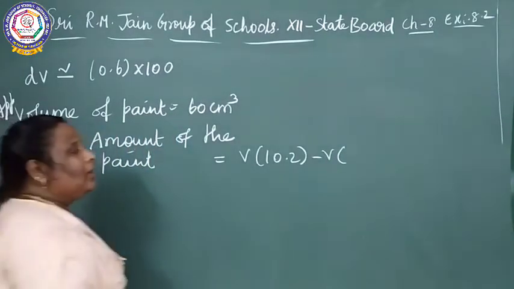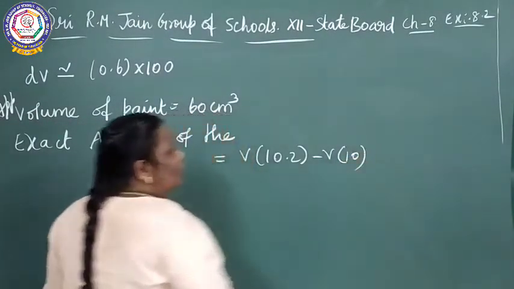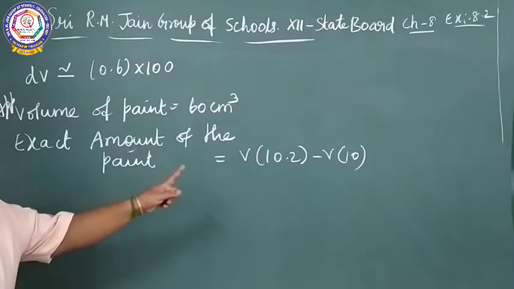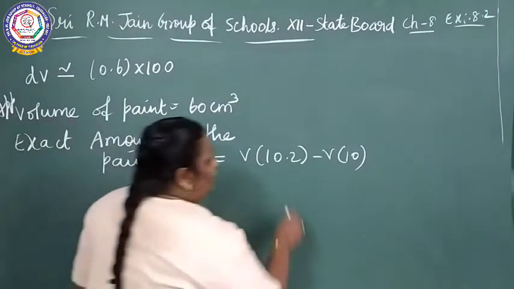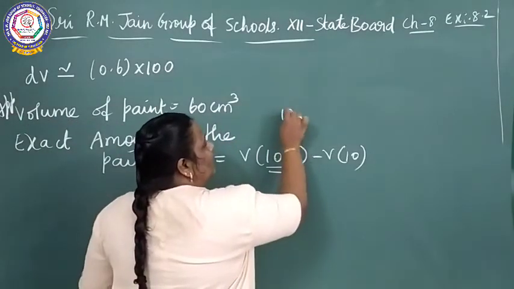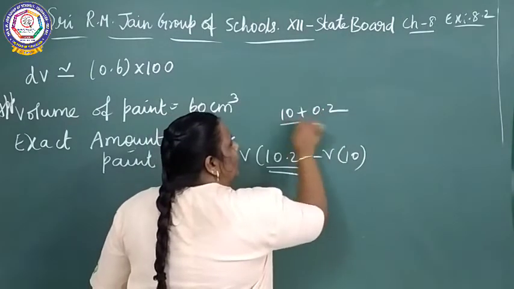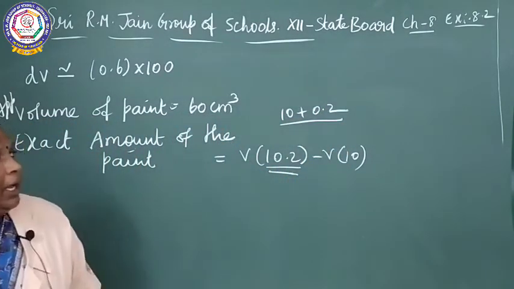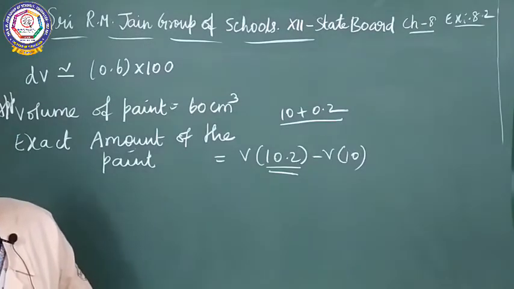Okay, V of 10.2 because the change is 0.2. So 10 plus 0.2 is 10.2. Don't get confused where this 10.2 comes from. See here, 10 plus that 0.2 change. So 10.2 minus what? V of 10.